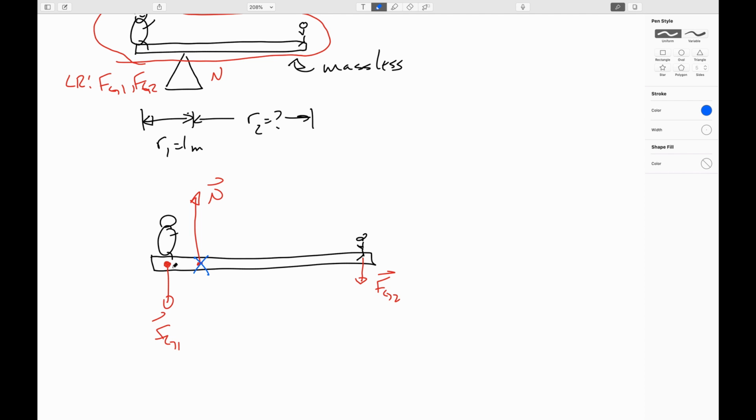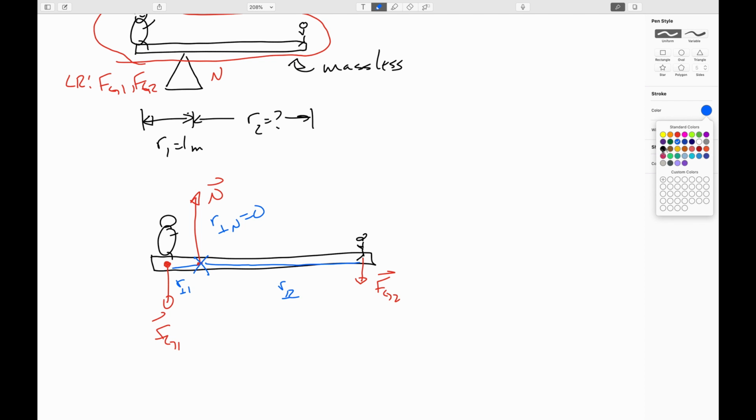So then we can go ahead and label our lever arms, like so. Again, the lever arm for the normal force is 0 because the line of action goes right through the axis. So there will be no torque due to the normal force.